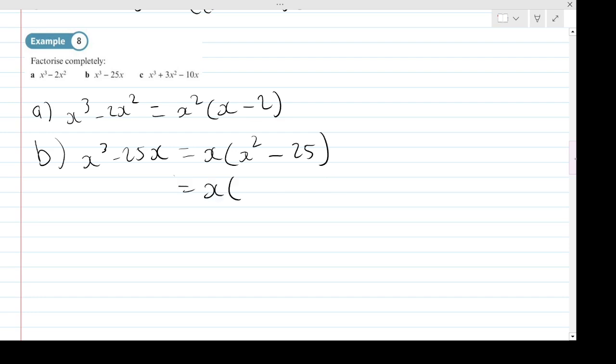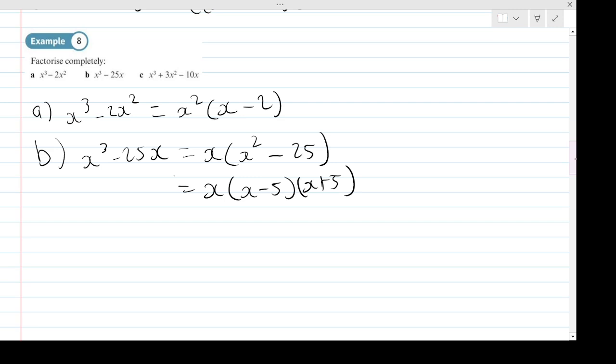So x remains outside, then we can factorise inside the bracket, x squared minus 25, into more factors. So again, difference of two squares: x squares with x squared, and 5 squares to get 25. So we're going to have x minus 5, x plus 5. And we can't simplify any of those anymore. So that's our fully factorized form.